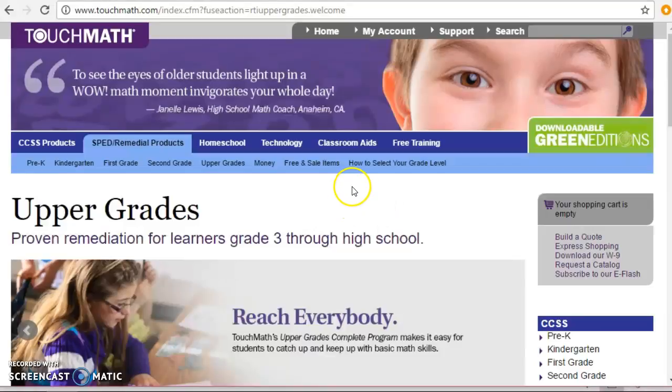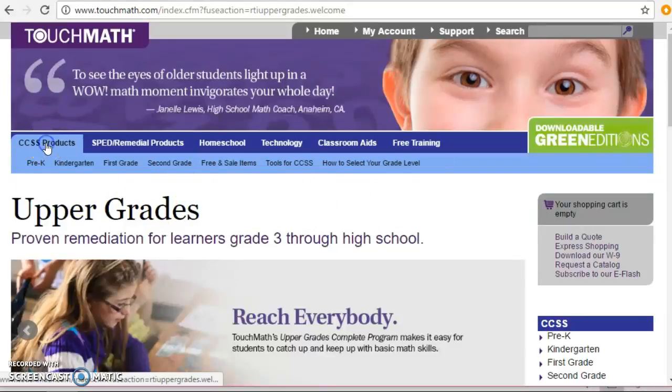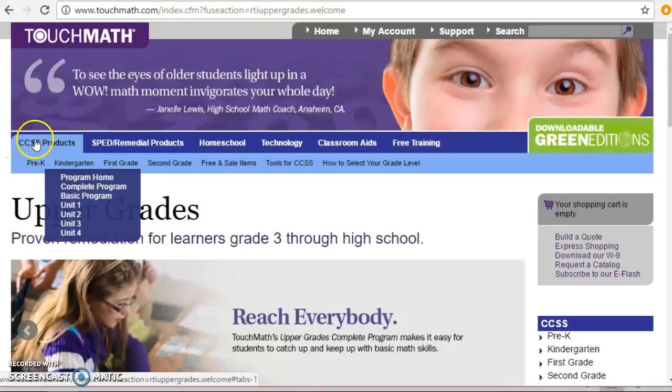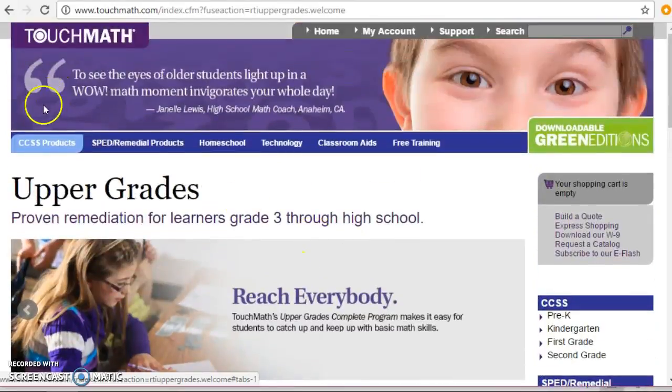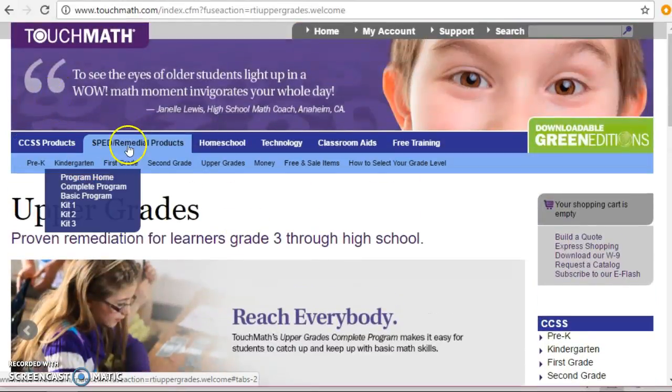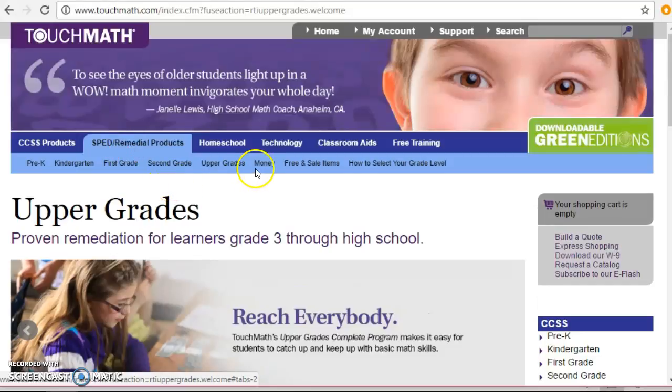This is great because while we have your normal products for students of really all ages, we also have special ed products, remedial products, and money.